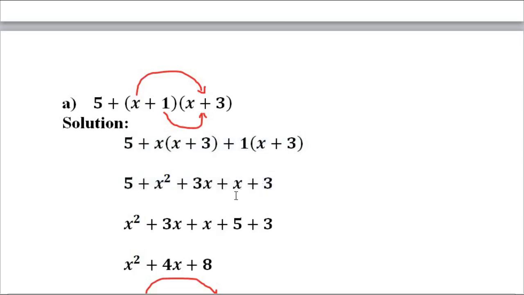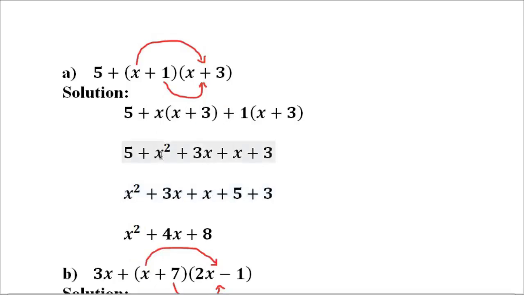Now to identify like terms, I'm going to arrange the expression by putting all of the like terms right next to each other. We have x squared, 3x, x, 5, and 3.